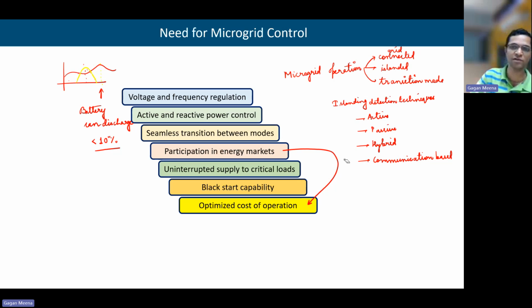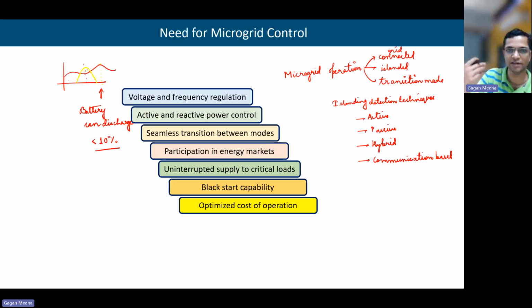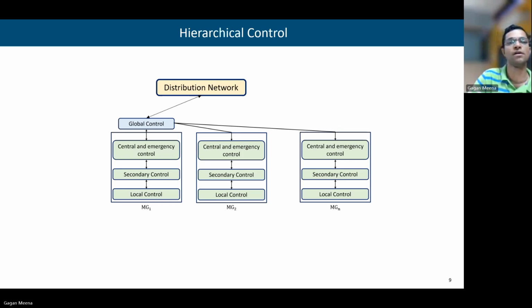And otherwise also, among the available resources, it will try to optimize the cost of operation by avoiding diesel generators and such things. So that also it will take care of. That's a very important aspect of the control of microgrid. And so many things we need to achieve. That's why the microgrid controller has to be very robust. Its design has to be very robust and its operation should be seamless.